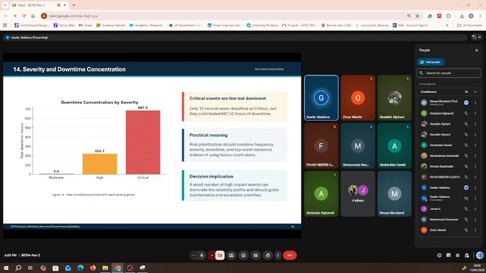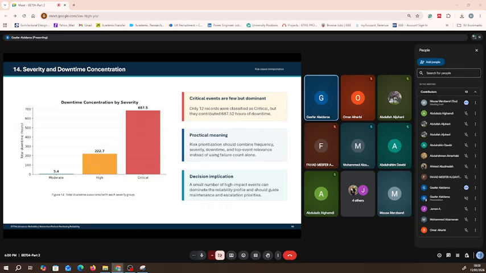This slide shows downtime associated with severity groups. The key finding is that critical events were few, but dominated the downtime contribution. Only 12 records were classified as critical, but they contributed 687 hours of downtime.